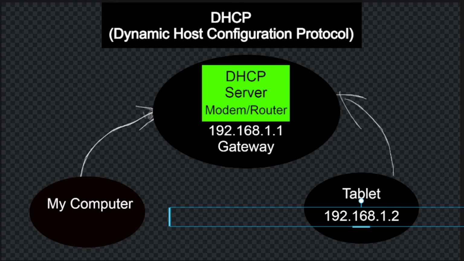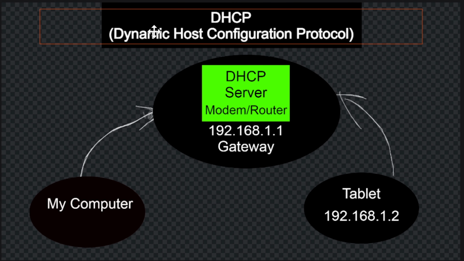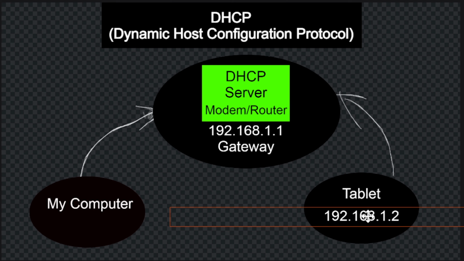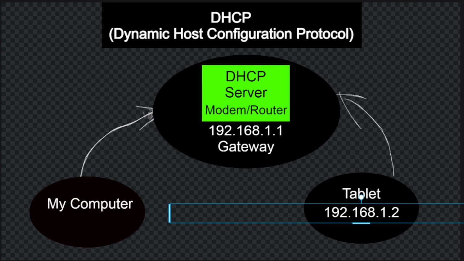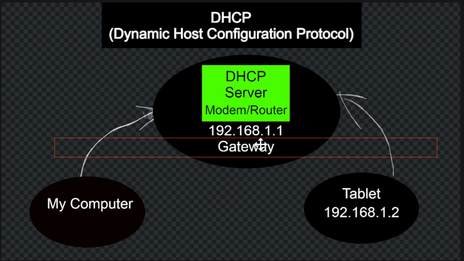So it's first come, first serve when it comes to DHCP. So this is great for networks that do not need a static IP address. These are dynamic. Again, dynamic meaning they can change at any time, and they will change depending on availability and first come, first serve.